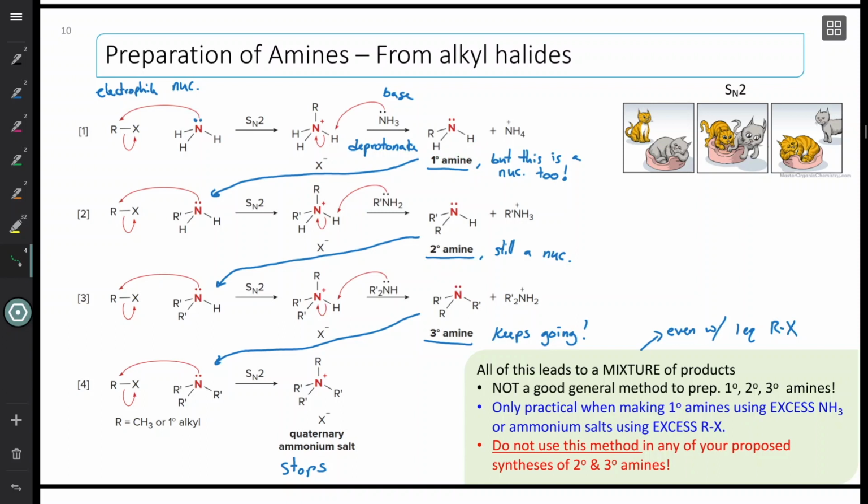The reaction rates are similar here, and so you'll end up with a mixture of the primary, secondary, tertiary.